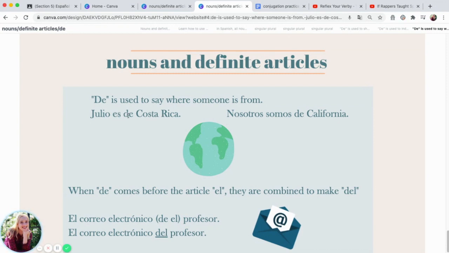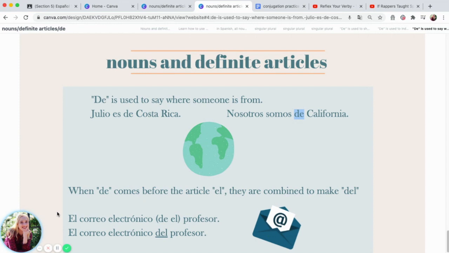Julio es de Costa Rica. What if we're talking about a group of people? We are from California. Nosotros somos, again, this is another version of the verb ser. We are from California. Nosotros somos de California. Okay.